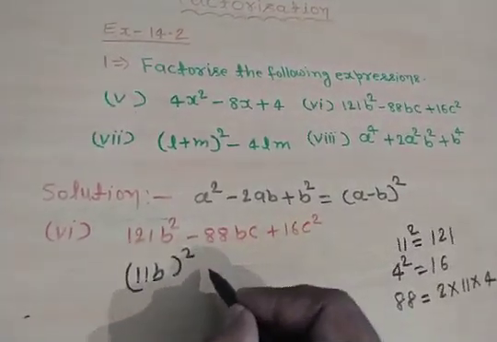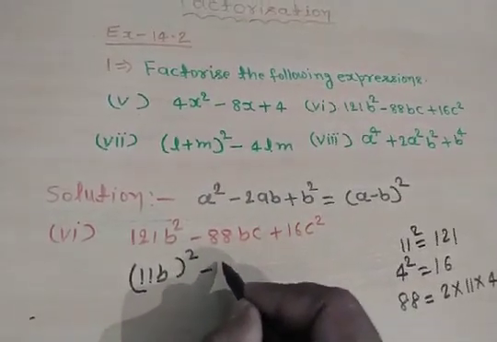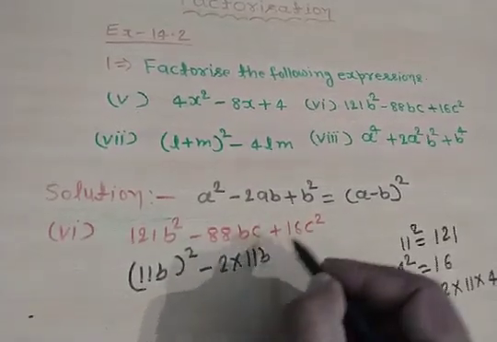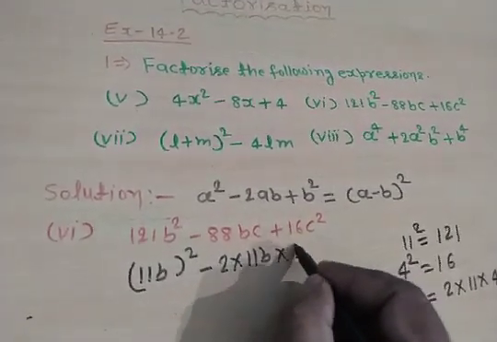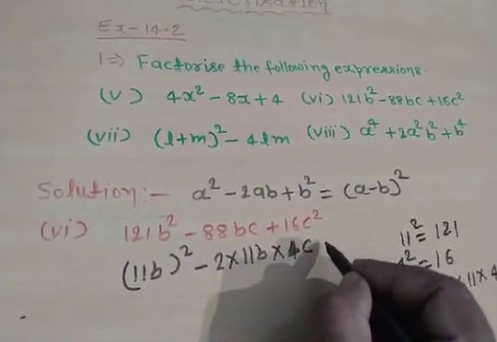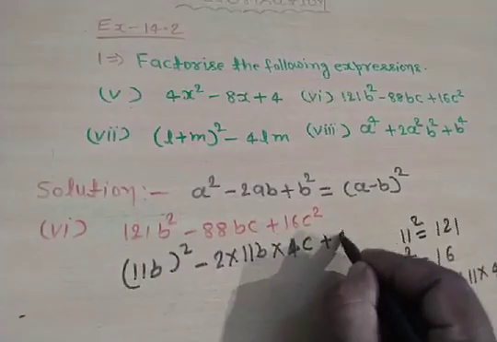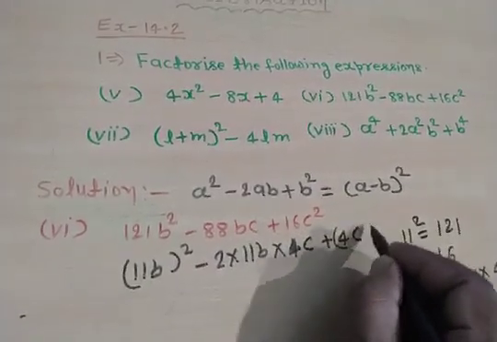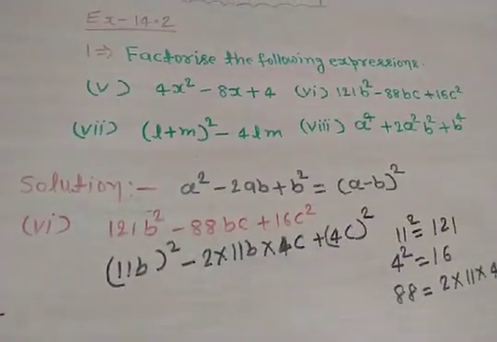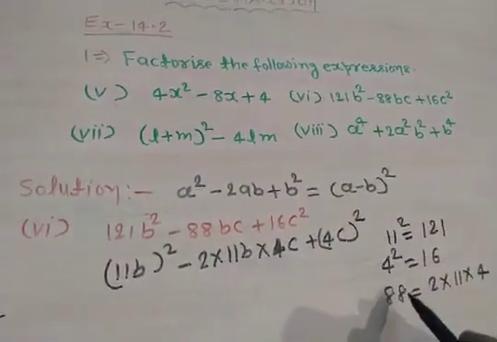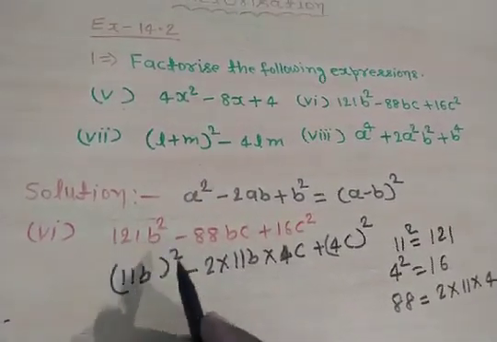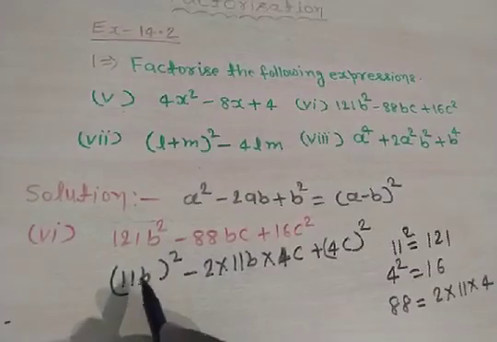Okay, minus, you can write it 2 into 11b into 4c. Okay, plus here you can write it whole square of 4c. This is clear? Okay, like this we break it. 121 becomes square of 11.